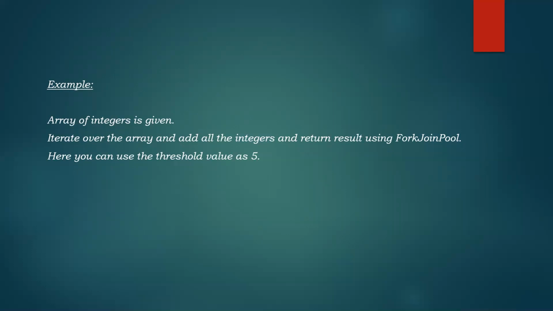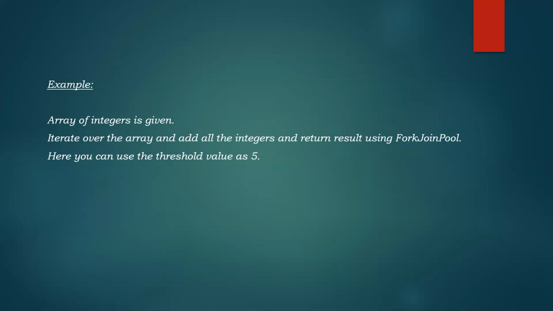We normally do it using a for loop, but our requirement is to use ForkJoinPool, with a condition that the threshold value is 5. Threshold value 5 means if the array size is 5 or less, you need not create subtasks, so it will be done in a single thread.